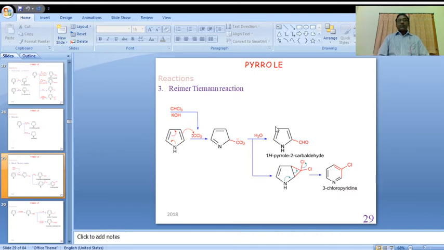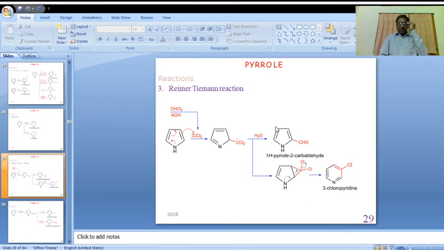This chloroform, CHCl3, is also called trichloromethane. Trichloromethane on reaction with potassium hydroxide first gives a dichlorocarbene intermediate.